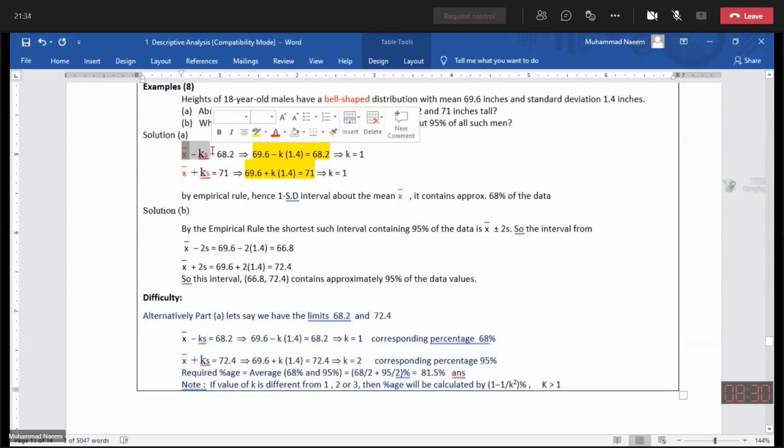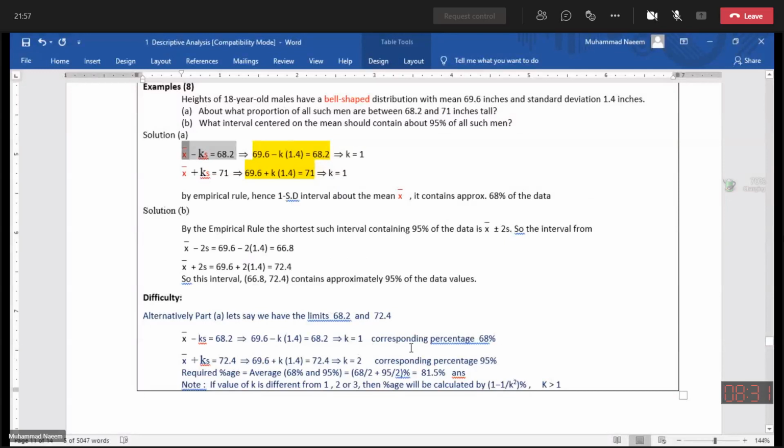For example, an interval is given, so we equate the limits of the interval with x bar minus ks and x bar plus ks, and solve both the equations.